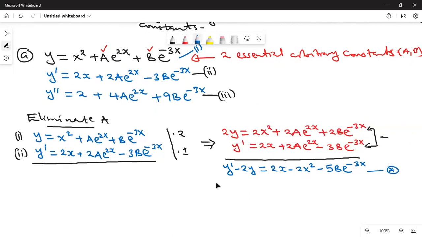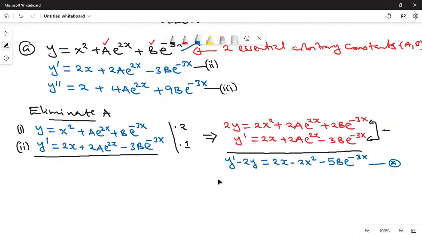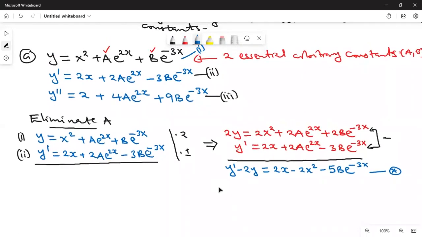Again, we also have the third equation. You want to consider the first equation and the third equation. We still eliminate a between those two equations. So I'll take equation 1, which is still y equals x squared plus a exponential 2x plus b exponential negative 3x.